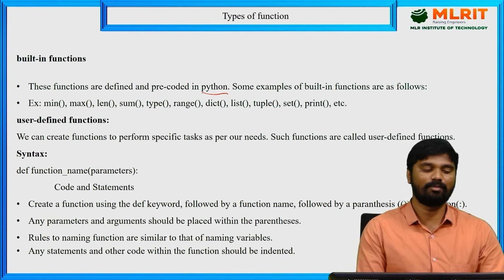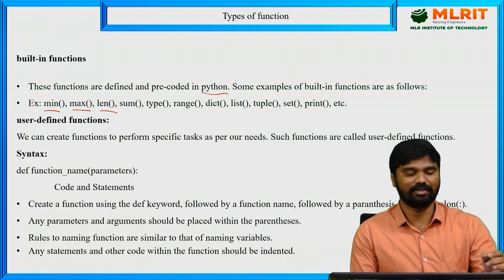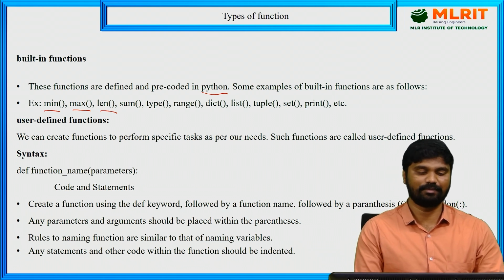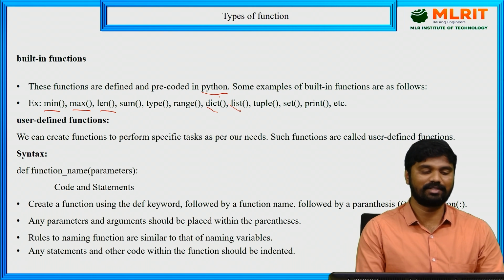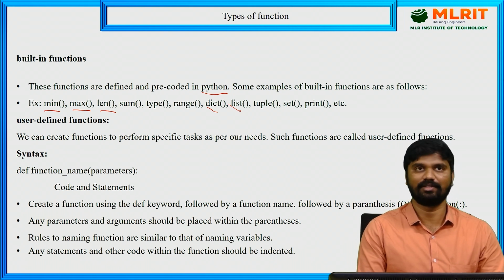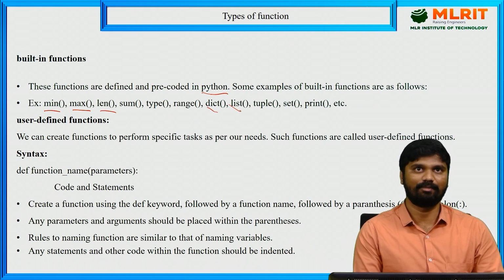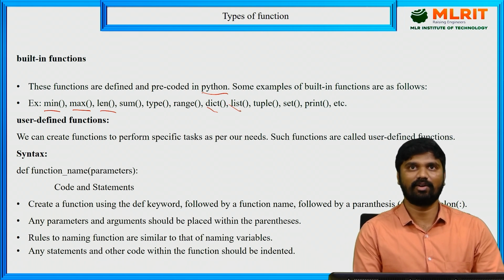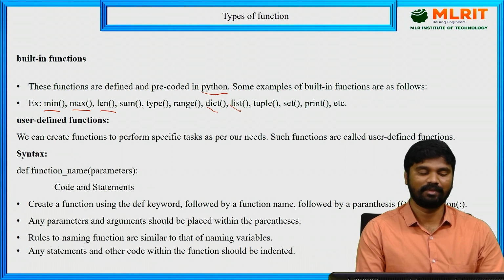For example, min, max, len, sum, type, dict, list; we already used some of these functions previously. Functions available in the Python library are called built-in functions, and they are included whenever the Python software is downloaded.